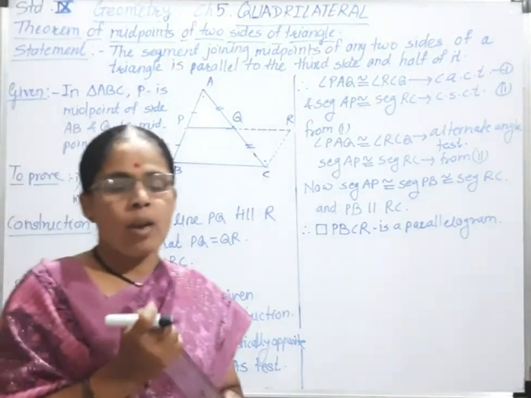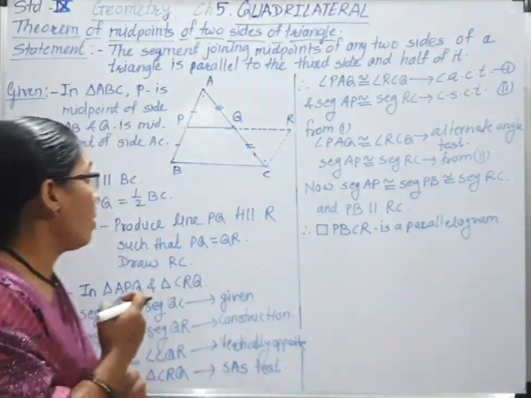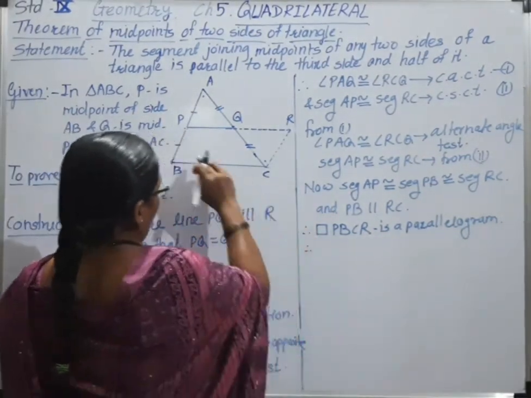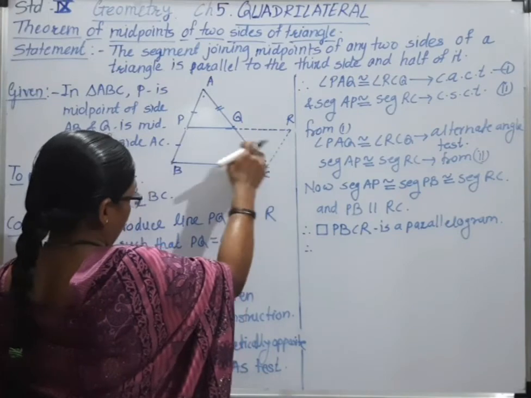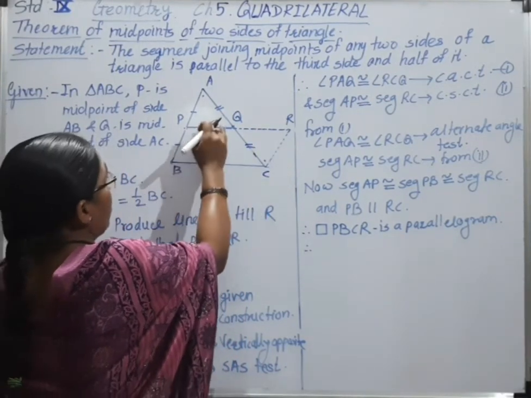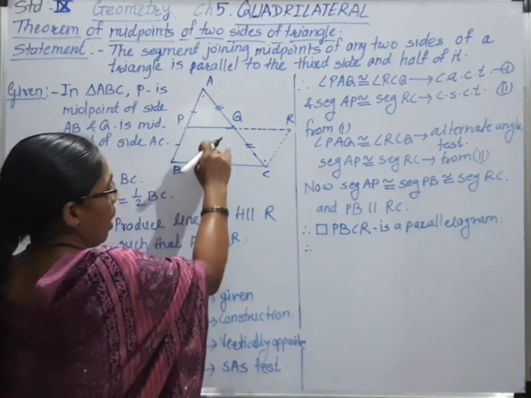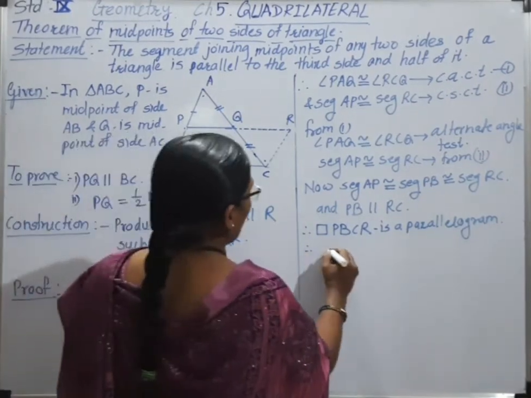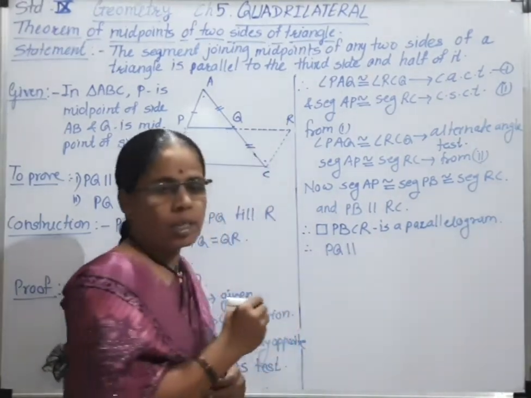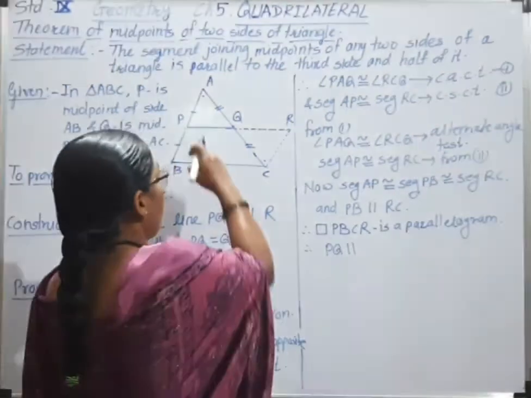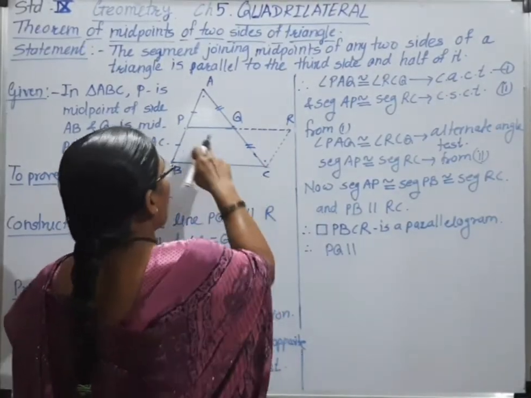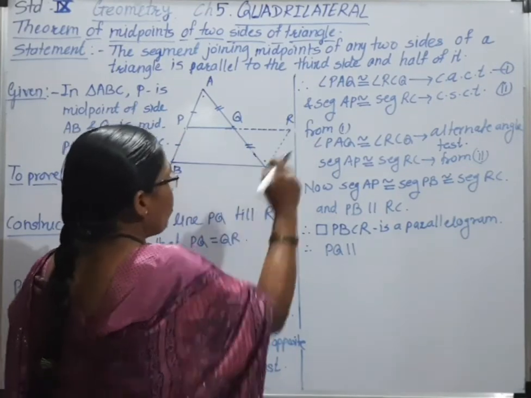And when it is a parallelogram, then if this side is parallel to this side, and this is a pair of congruent sides, so this side is also parallel to this side. Therefore PR is parallel to BC, means PQ is parallel to BC because PQR are collinear.